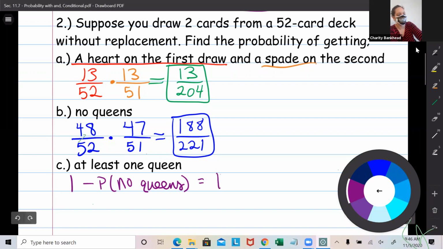In other words, 1 minus the answer from the last part, which is 188 over 221. Let me put that in my calculator: 1 minus 188 ABC 221. That's 33 over 221.